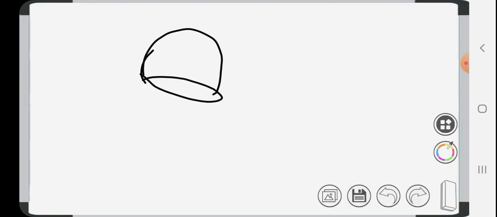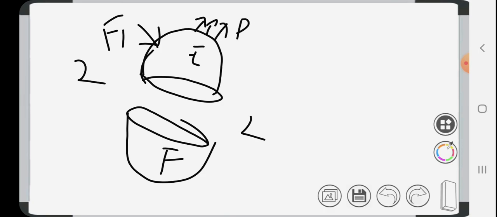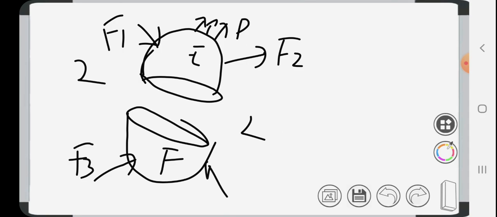But if I have chosen another plane, some 2 2, this will become sections E and F, with the same loading F1, P, F2, F3, R1.